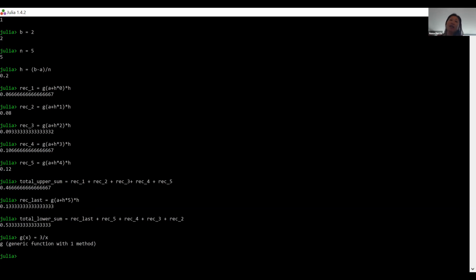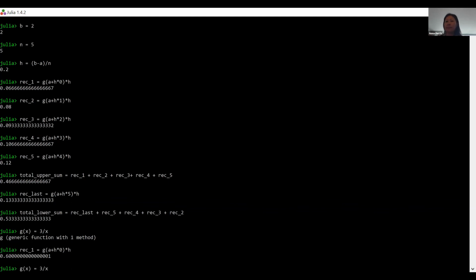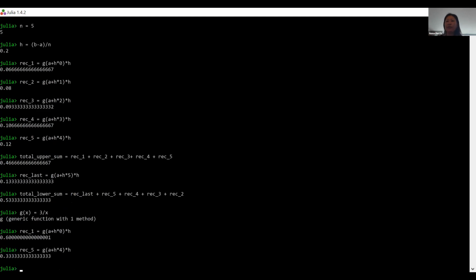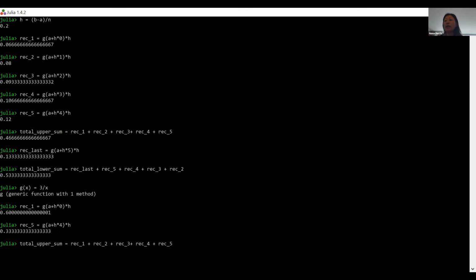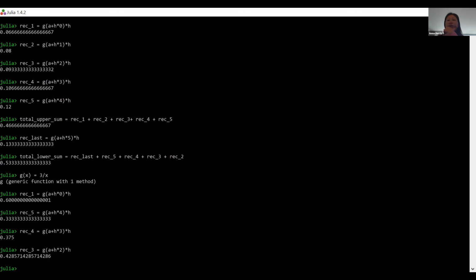Now I need to calculate everything again, starting with the first one. Fifths is fine. By the way, you use up and page up to go up. So you get to do 4, 4. I need to do 3 again.